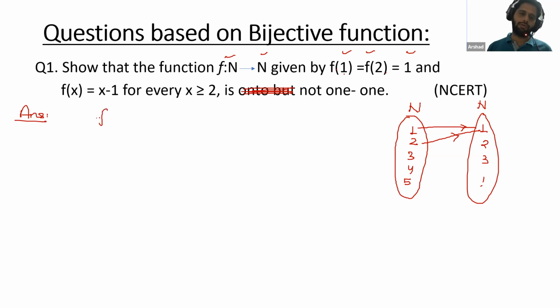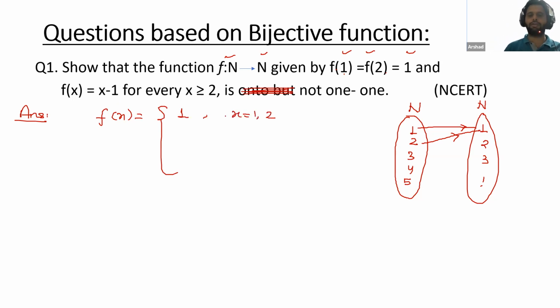So this means that f(x) is equal to 1 when x is equal to 1 and 2. If you put the values 1 and 2, you will get 1. But if you put any value greater than or equal to 2, then you will get x minus 1.